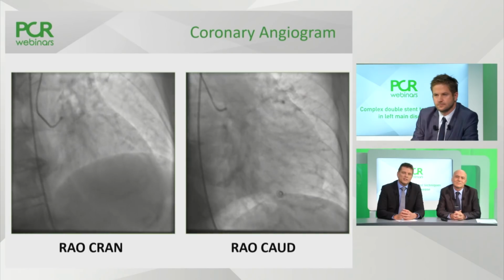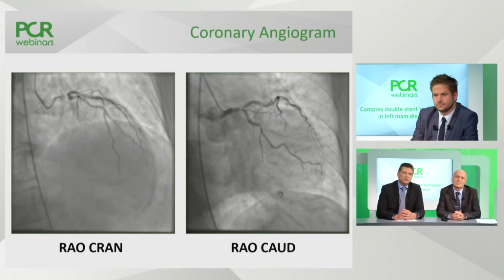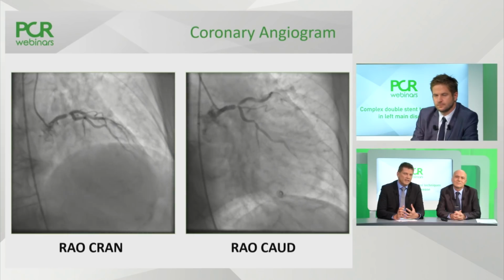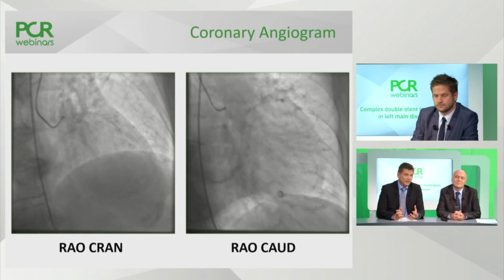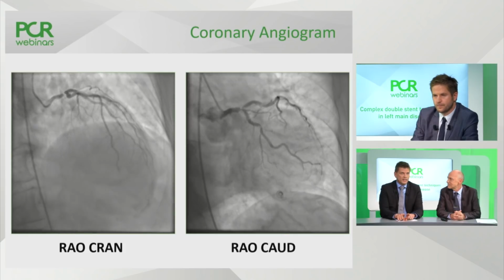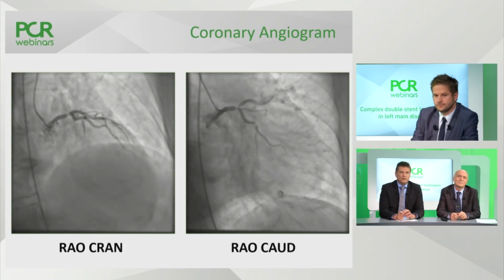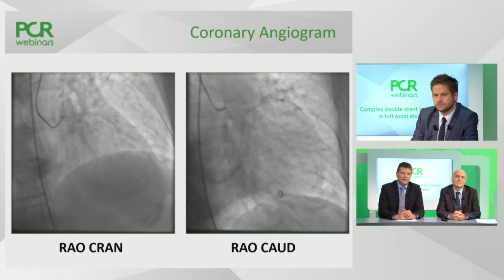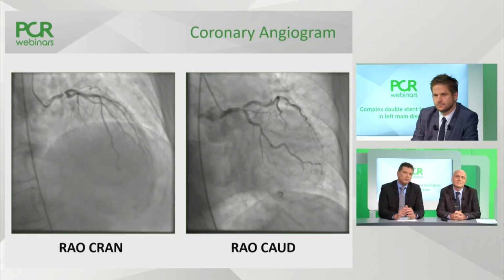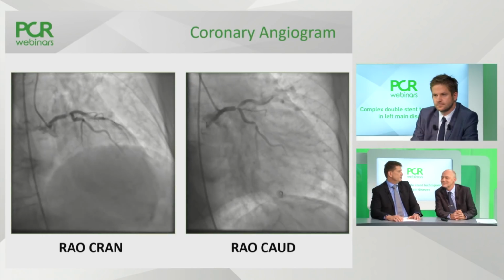So you could choose a technique where you go for the main branch first. In particular, maybe also because the lesion in the LAD looks very tight, and I would be afraid if I go with the 6 French technique, which means that I cannot place 2 stents, then I would rather go for the LAD first and then for the circumflex. If you use 7 French, it could be a different game.